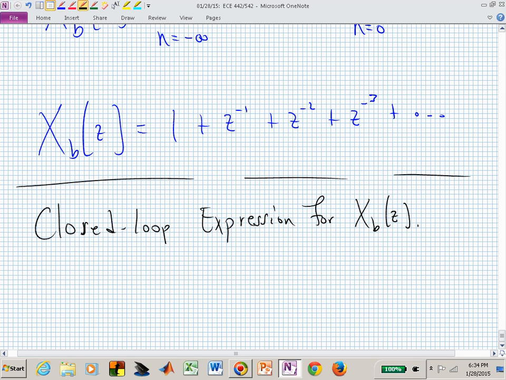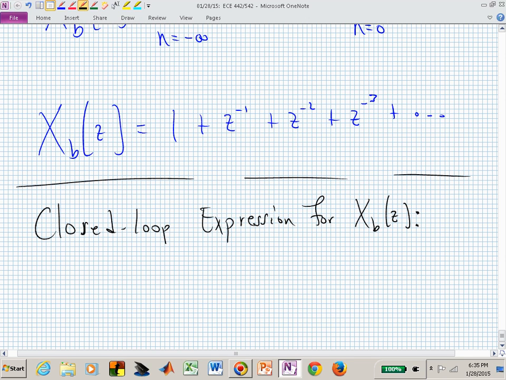When is x sub b of z going to be well behaved? When will this even make sense, this infinite sum of all these z's? Z to the minus 4, z to the minus 5, z to the minus 6. If we keep adding those up, when will it be a bounded value?